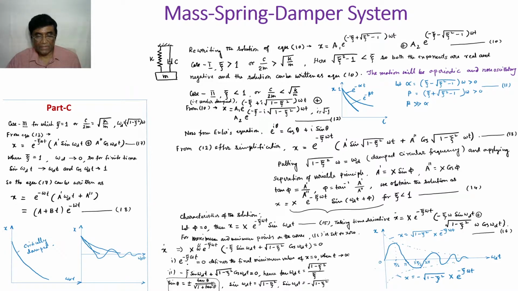So if zeta is very small, that is, too much underdamped, there will be many oscillations before it dies down. And if zeta, the damping factor, is high, like 0.8, 0.9, it varies from 0 to 1, right? So 0.1, 0.2, like that, 0.9.